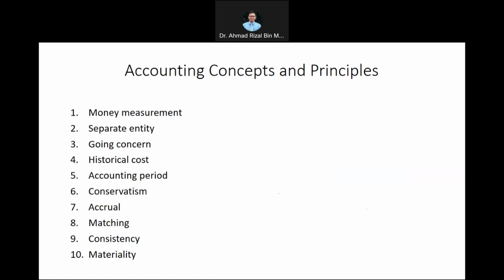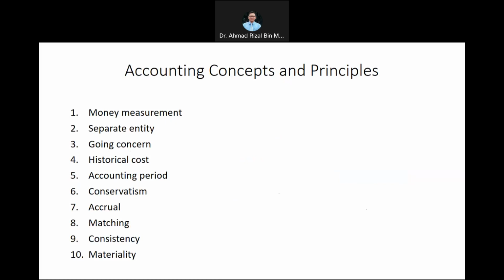But over time, many companies have changed to be consistent with others, which is 31st of December. And there are cases whereby certain companies change their financial year halfway through, in the middle of the year, they change the financial year end for some reason.